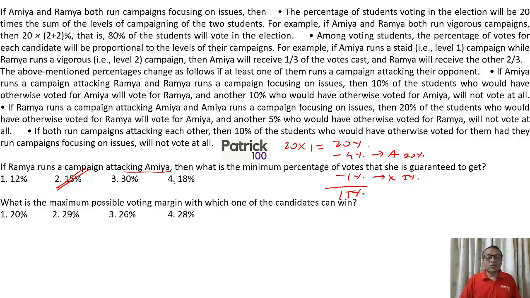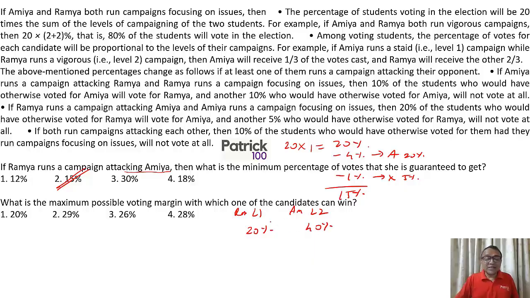That's what Ramya will get, 15% of the votes. And what is the maximum possible voting margin by which one of the candidates can win? If you look at it, when one is on an attacking mode, more votes go from Ramya to AMIA, I mean 20% of Ramya's votes go to AMIA. So we are assuming AMIA will get more. So AMIA does a level 2 campaign and Ramya does a level 1 campaign. Which means Ramya will get 20%, AMIA will get 40%.